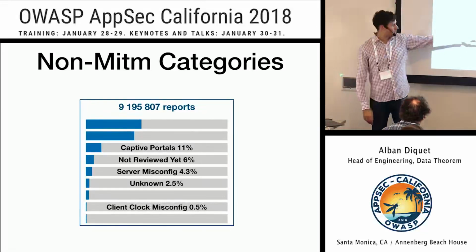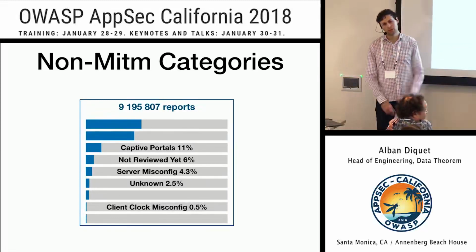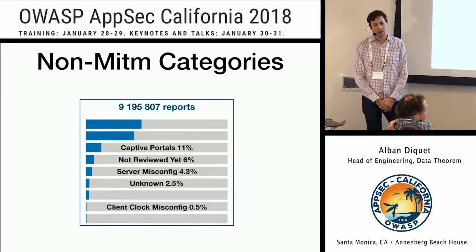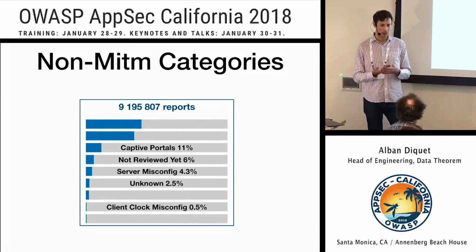And the last one, client clock misconfiguration. It's when your phone doesn't have the right time. When the time is wrong, then you're going to have TLS failures because maybe on your phone it looks like the certificate is expired, but it's not expired, it's just your phone's time is wrong.